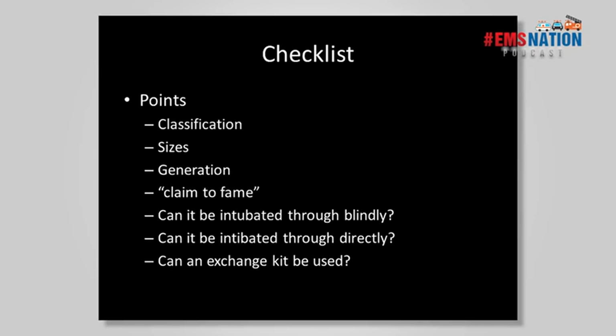I'm going to talk about what their generation is, and I will explain what that means. I'm going to give you their claim to fame, if the device happens to have one. And then I'm going to talk briefly about whether it can be intubated through blindly, whether it can be intubated through directly, and then whether airway exchange kits can be used to exchange them, which is really something that we don't talk about enough, which we desperately should.